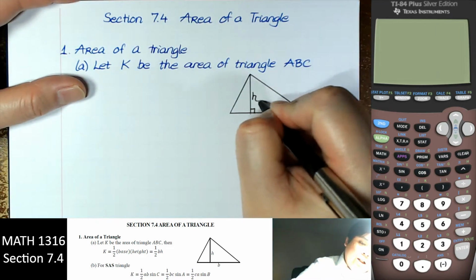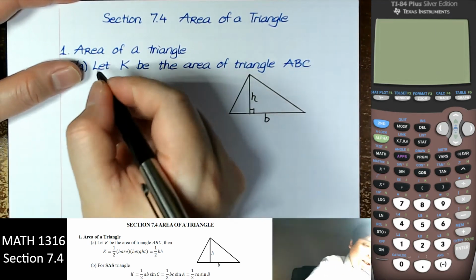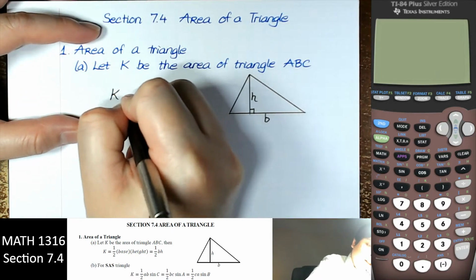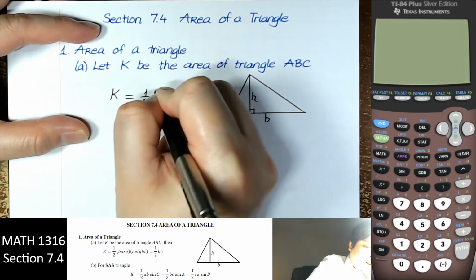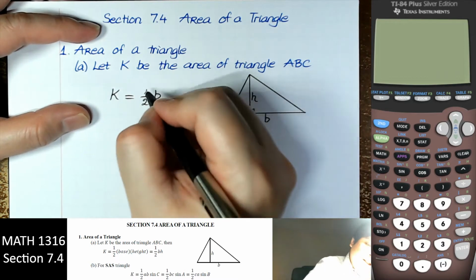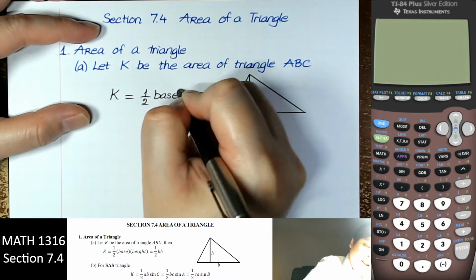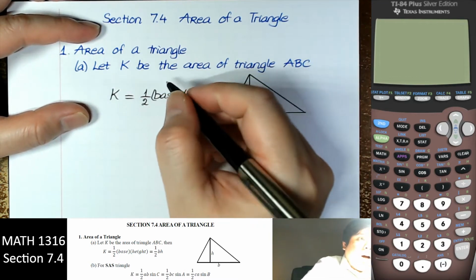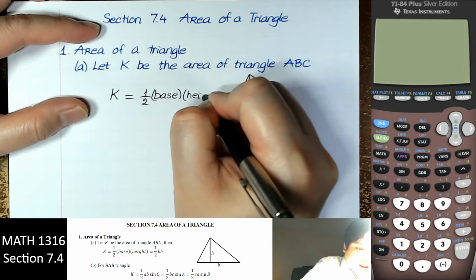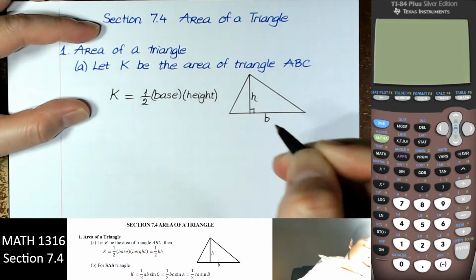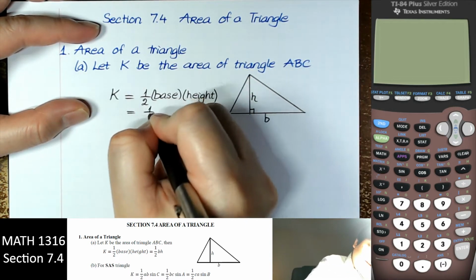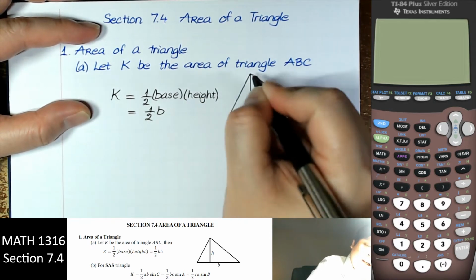So I have the height and then the base. So area is 1/2 base times height.